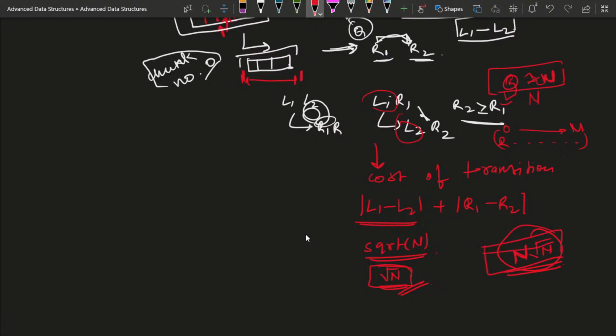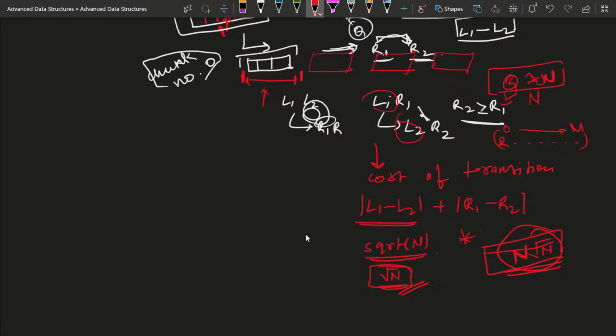Now you can object that this is only for a single chunk, but we can have many queries in many different chunks because the array is divided into several chunks. So now here comes our sorting logic.